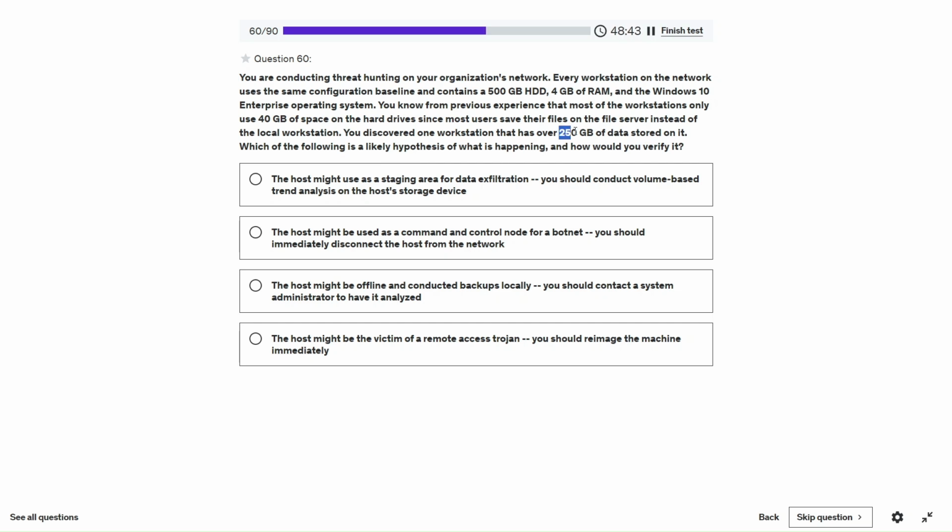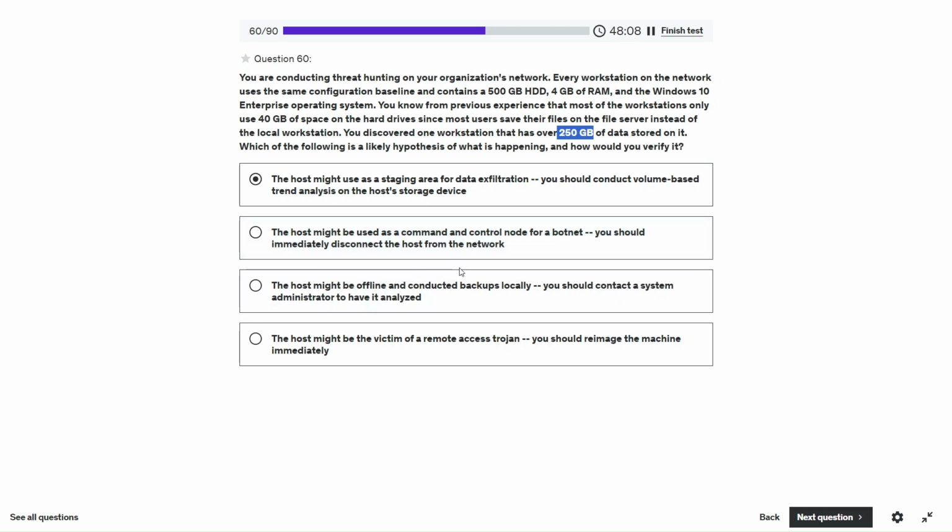There is one system with 250 GB of data, which is extraordinary, whereas a normal system only utilizes a maximum of 40 GB. So there are chances that different data is being gathered together. The host might be used as a staging area for data exfiltration. The host might be used as a command and control node?